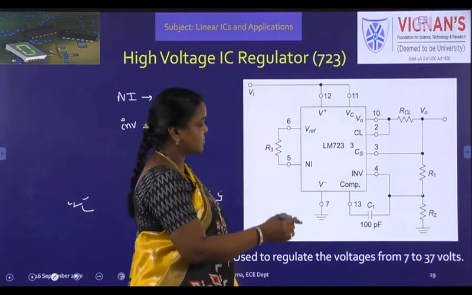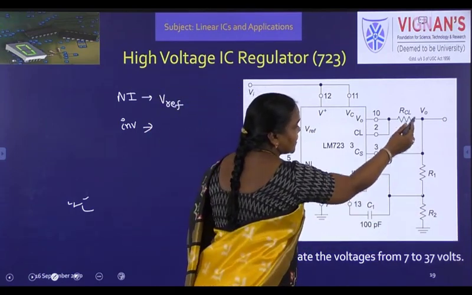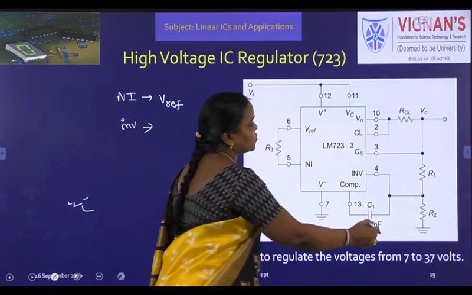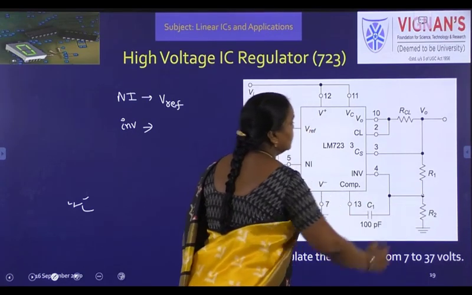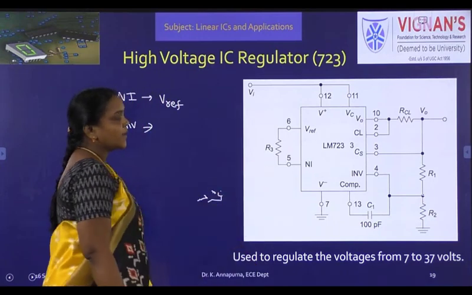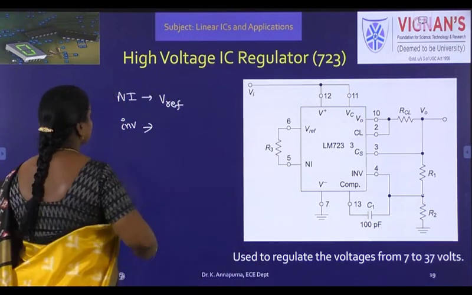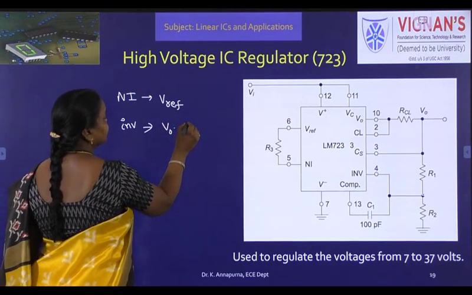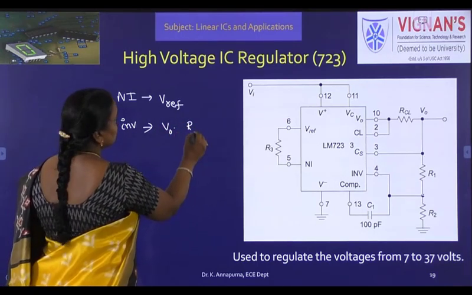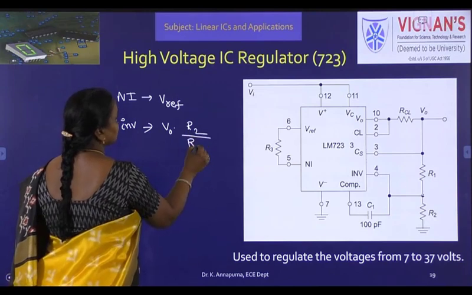That means V0 into R2 by R1 plus R2. From this point to ground it is nothing but the drop across R2, and R1 and R2 are connected in series. So the inverting pin is supplied with V0 into R2 by R1 plus R2, right?